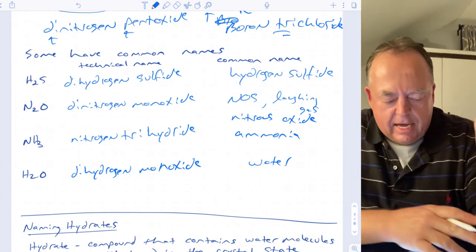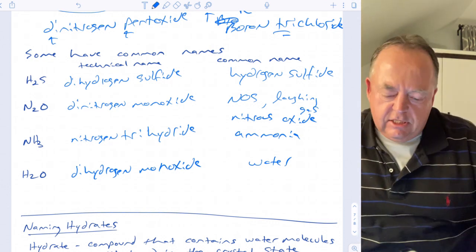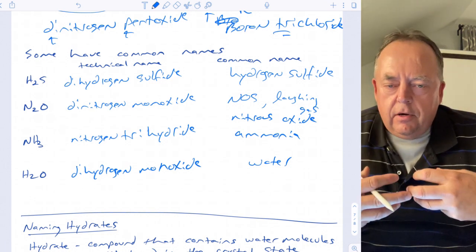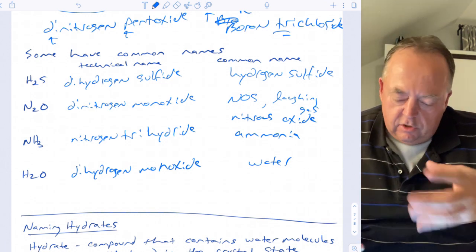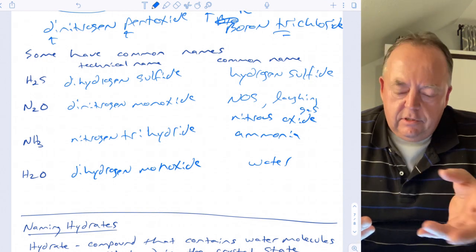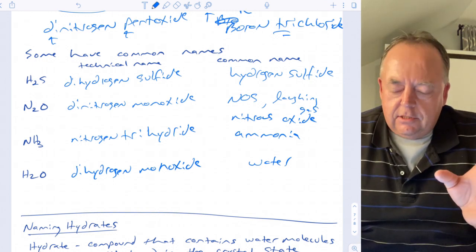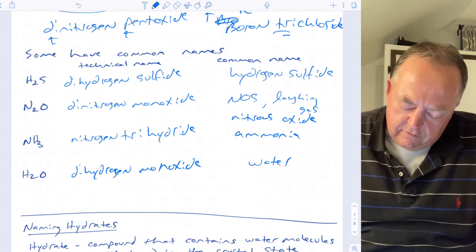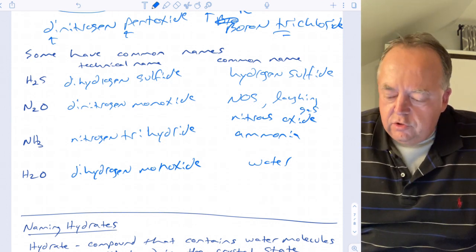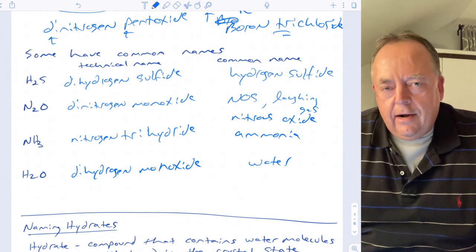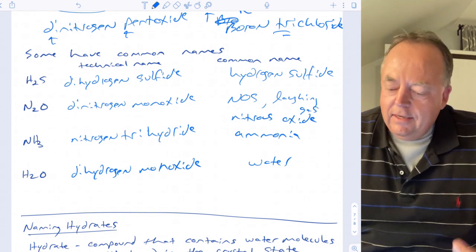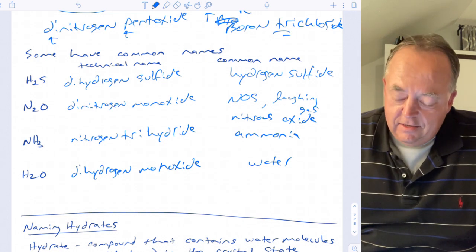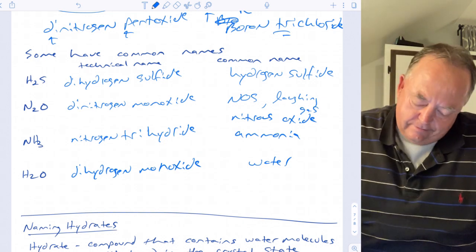But every now and then on the back of a magazine cover, somebody is trying to sell you something that can remove dihydrogen monoxide from your house or from your environment. So basically playing on people's fear of chemistry, because people hear dihydrogen monoxide and think, oh, I don't want dihydrogen monoxide in my house, right? But that would just be playing on people's fear of chemistry, those people not recognizing that dihydrogen monoxide is just water. So they would just be selling you something that will dehumidify the air in your house.